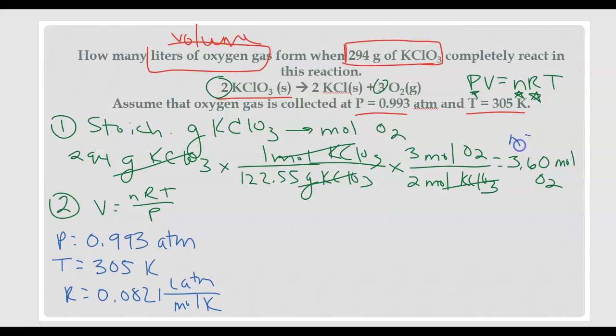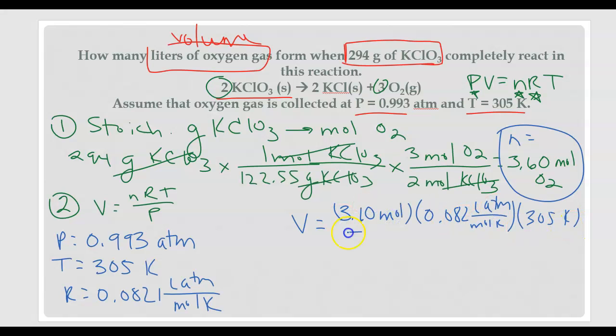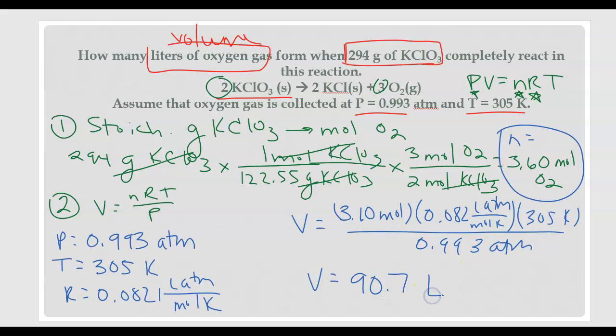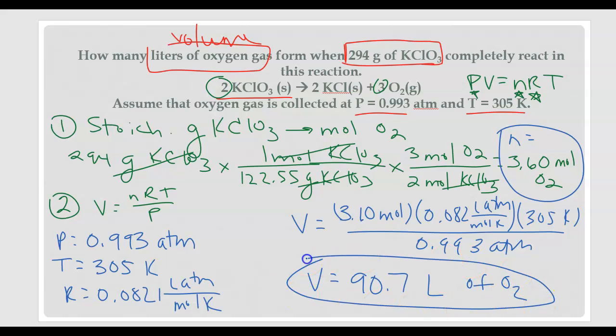And then this is our n. So we'll go ahead and plug this in, 3.60 moles. And so we're left with 90.7 liters of oxygen gas from this problem.